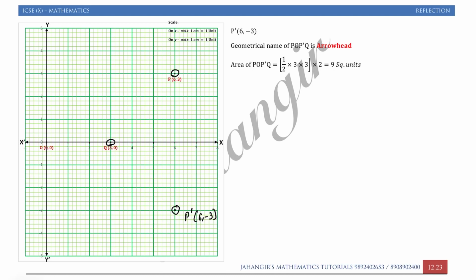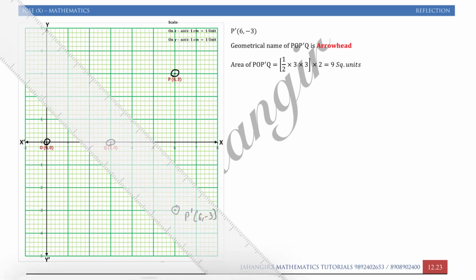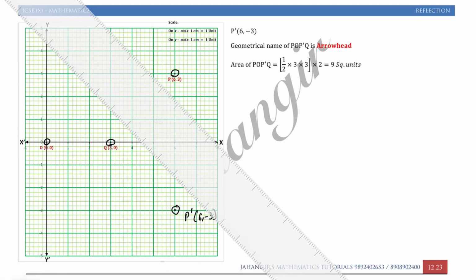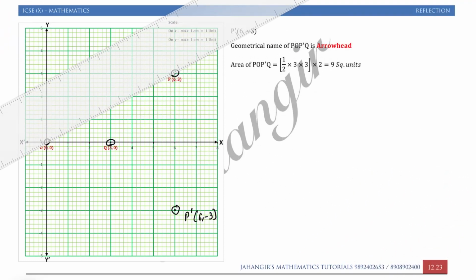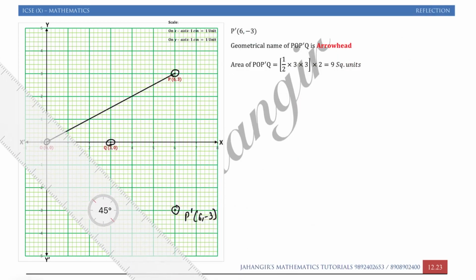Right, mark O as the origin, this is O, which is origin. Give the geometrical name of PQP dash O. Let us join. P you have to join with O. Then P dash, O we can join with P dash.